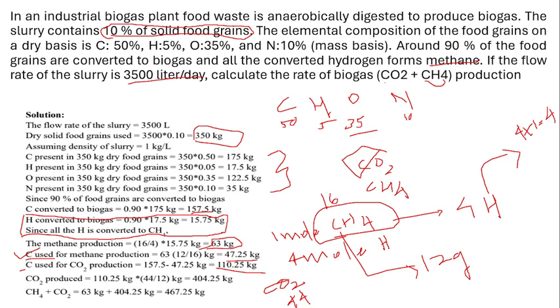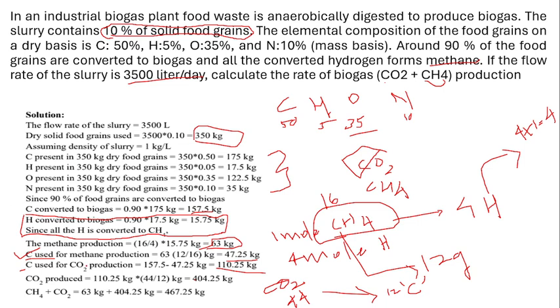For the production of 44 grams of CO2, we require 12 grams of carbon. One carbon is there in the carbon dioxide. So just multiply 110.25 into 44 by 12, and for this much carbon, the amount of carbon dioxide that can be formed is nothing but 404.25 kg.